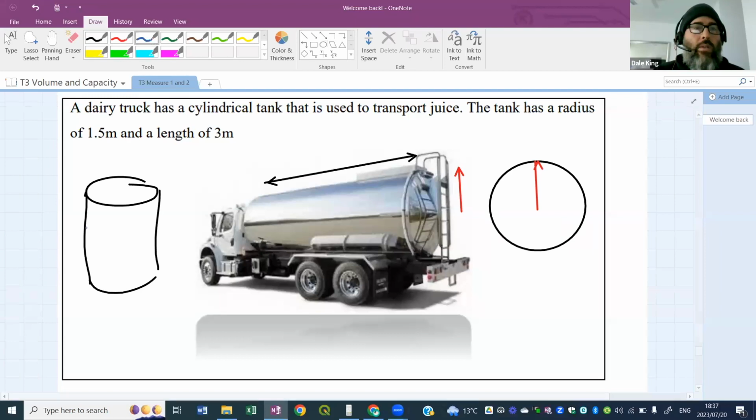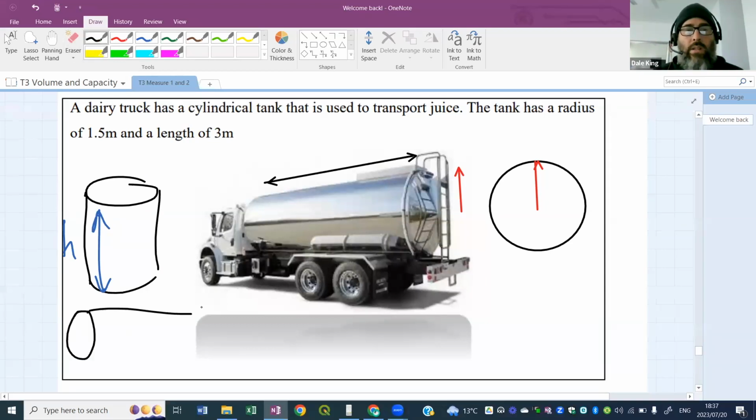Now, don't be confused. If I drew the cylinder straight up, I would call this dimension over here the height. They've dropped the cylinder onto its side. Okay, so now the cylinder is on its side, like this.